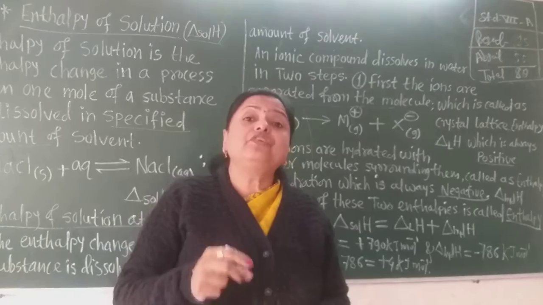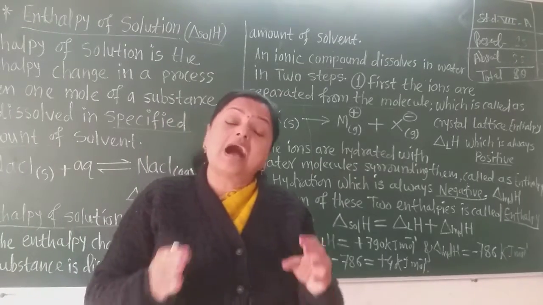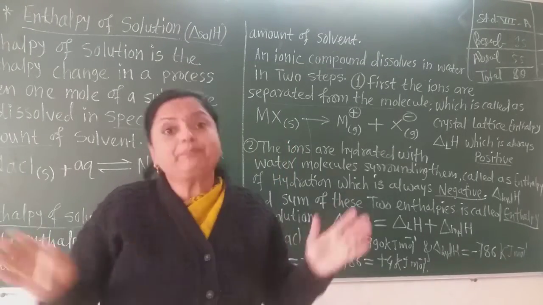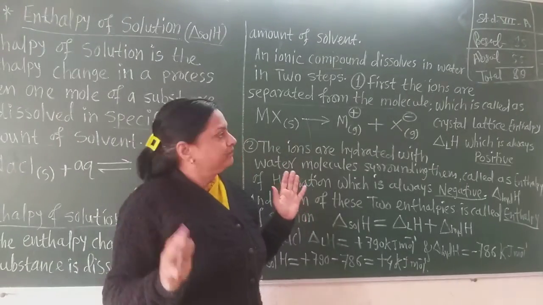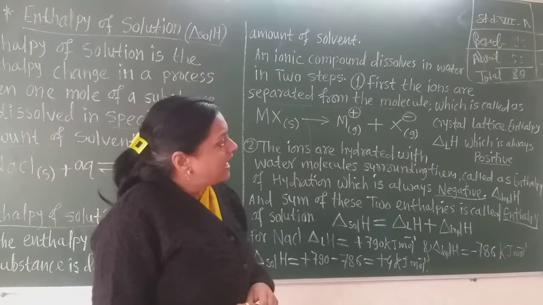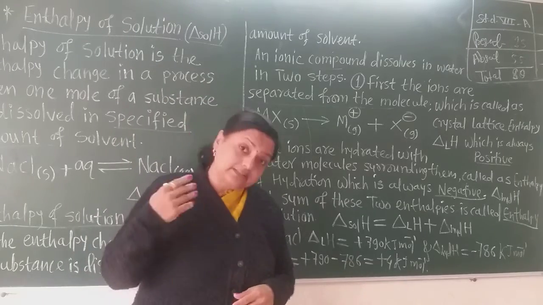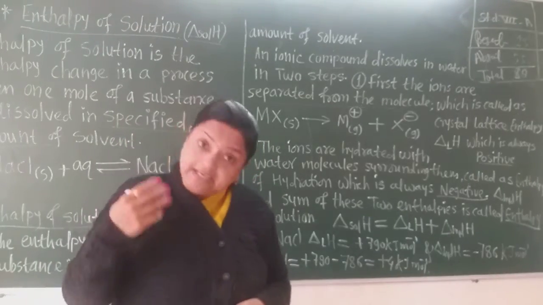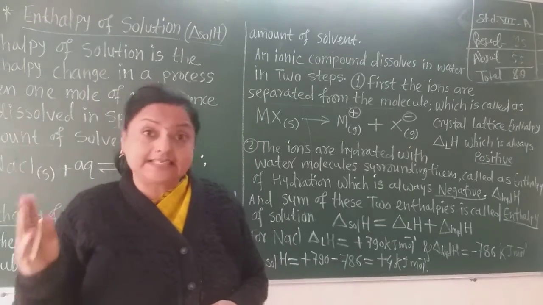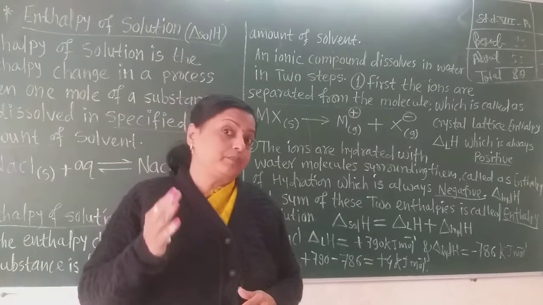So when we add water to that ionic substance, first the ions of that substance get separated. That is the first step. So first the ions are separated from the molecules, which is called the crystal lattice enthalpy. That heat change, or enthalpy change, is called the crystal lattice enthalpy when ions get separated after dilution. That is the first step.